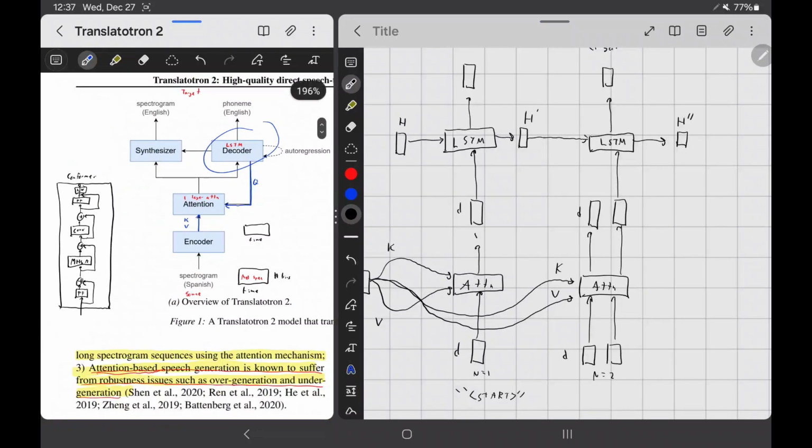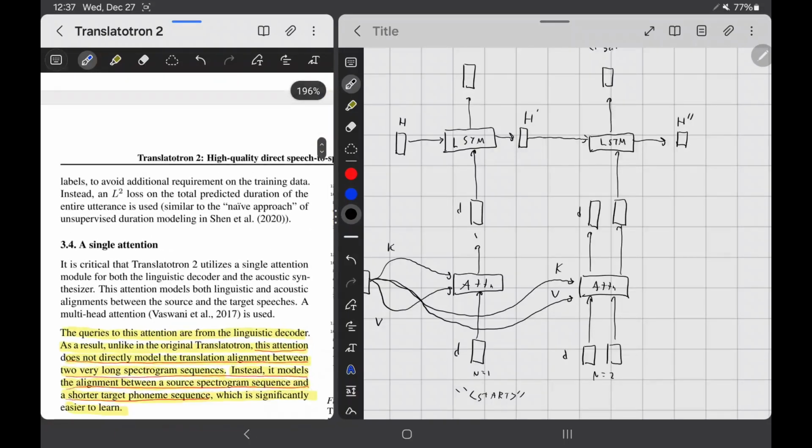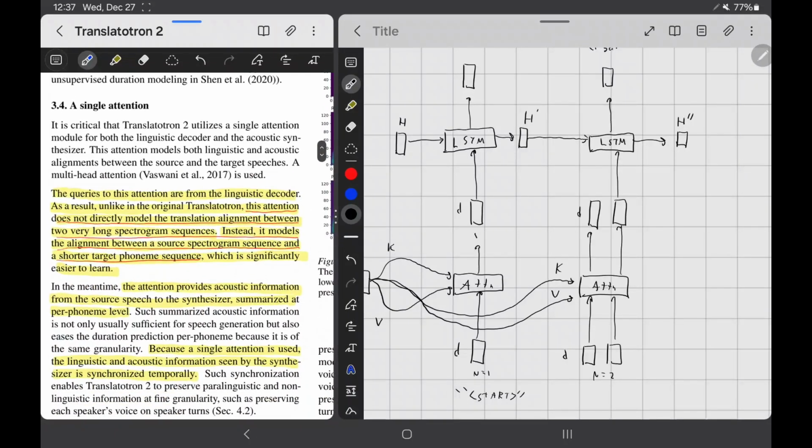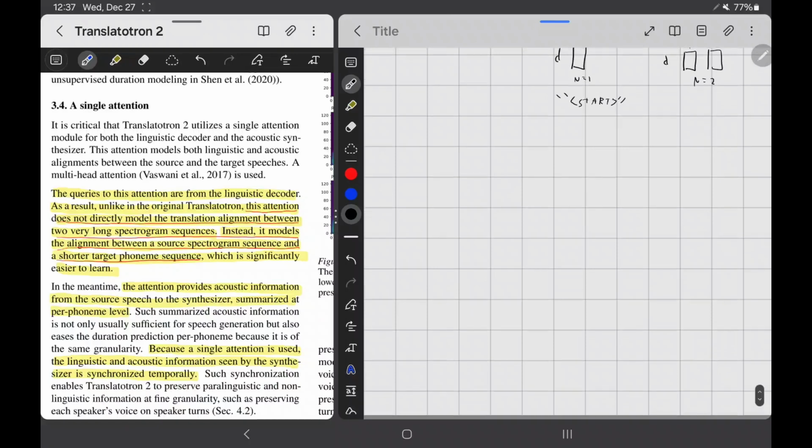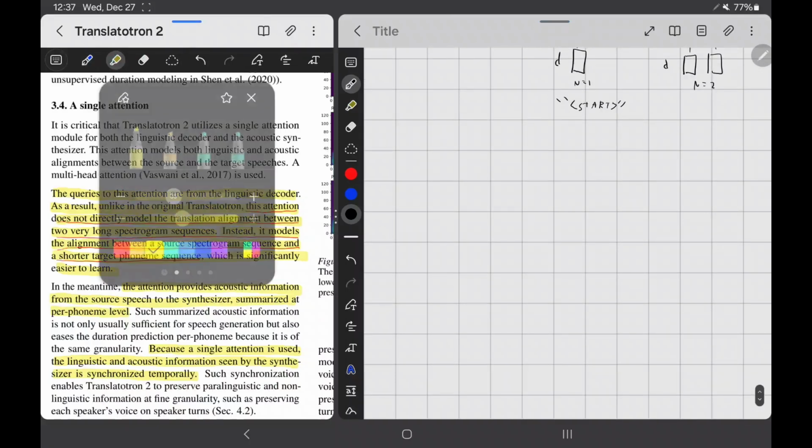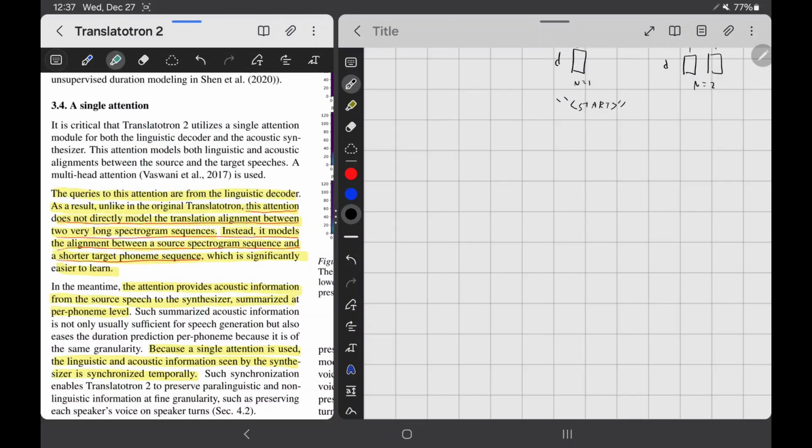They make a big deal about the attention. Down here, they say this attention does not directly model translation alignment between 2 very long spectrogram sequences.